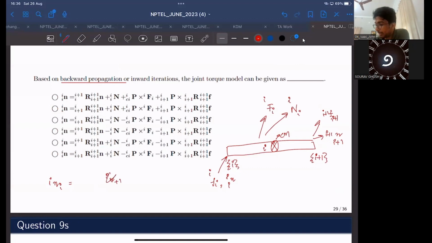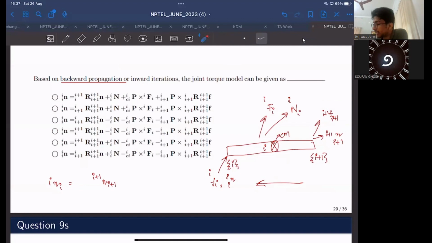Sorry, I plus 1 and I plus 1. We need to propagate the forces backward from I plus 1 to I. So we have I plus 1 and I plus 1. Then what else do we have? We have the force here, the moment contributed by the force, right?